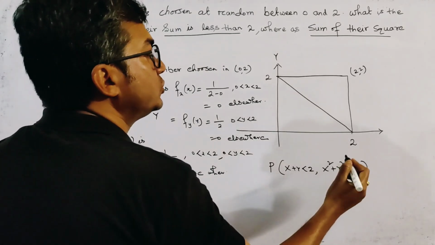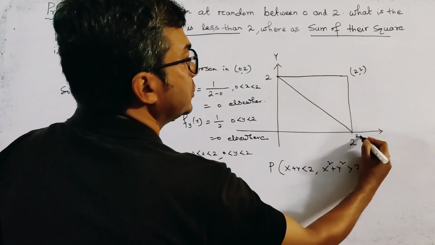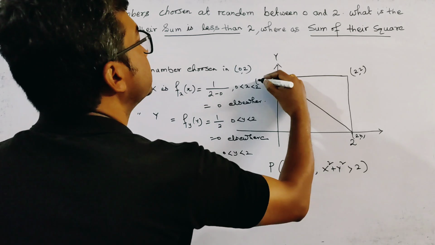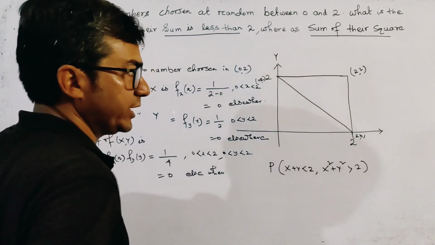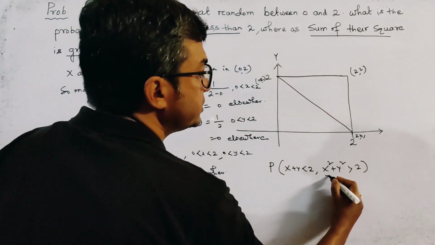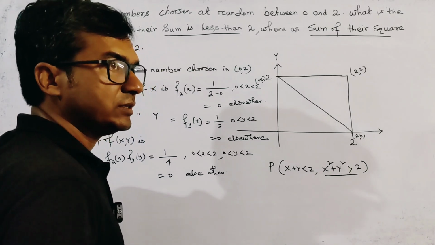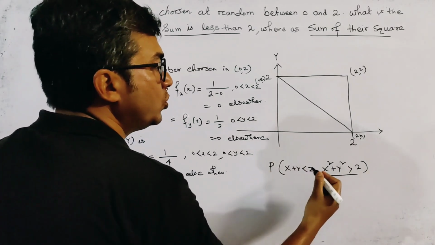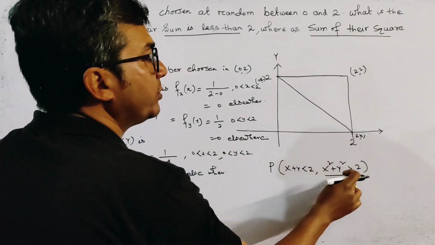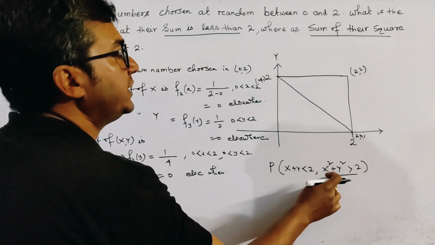Also, this point is (2, 0) and this point is (0, 2). And for the region x squared plus y squared greater than 2, we draw a circle of radius root 2 with center at the origin.